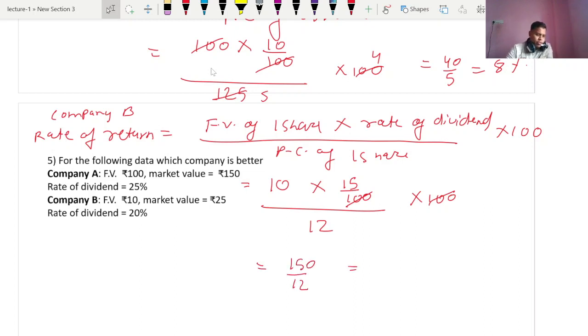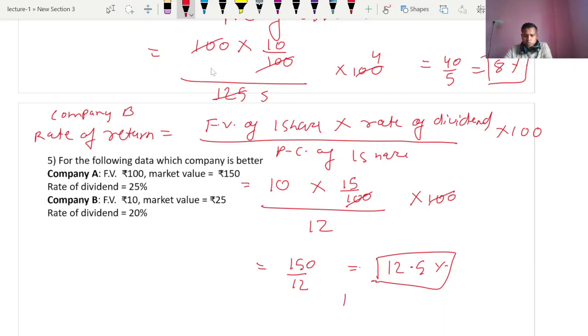What is 150 by 12? 150 divided by 12 becomes 12.5%. So the rate of return for company A is 8%, and the rate of return for company B is 12.5%. So in which company will you invest? Of course, company B, because the rate of return is more there. So that's why the answer is company B.